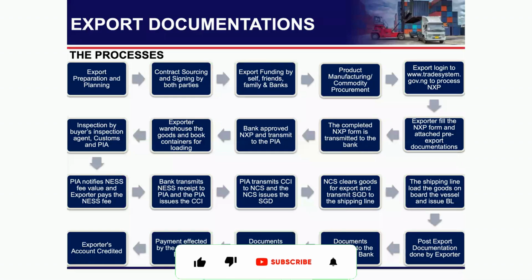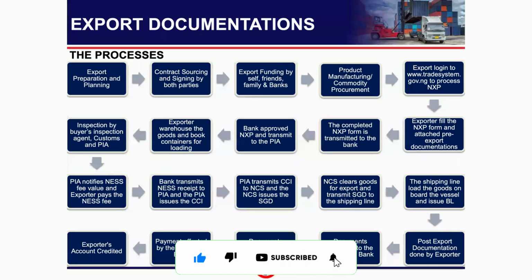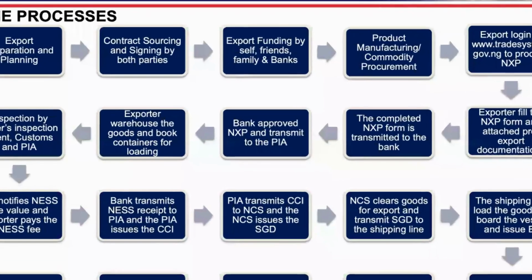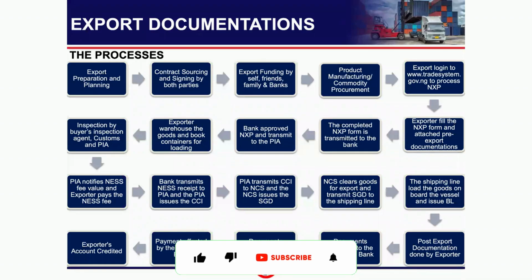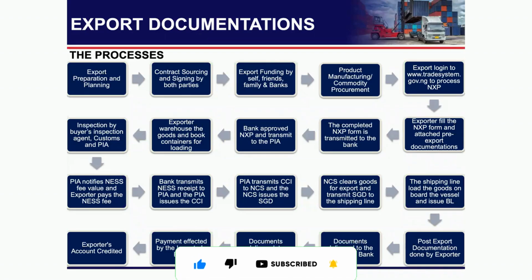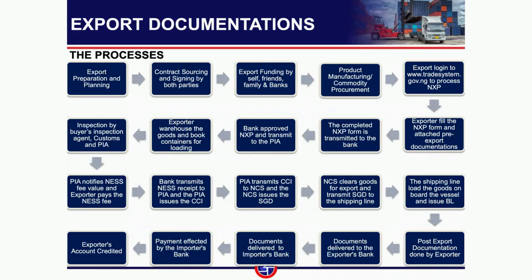Upon payment of the NESS fee, the bank uploads the NESS receipt on the TRMS trade system platform. Having uploaded it on the trade system platform, the customs is able to see it. The bank uploads on the trade system platform and transmits to the PIA. The PIA issues a clean certificate of inspection.